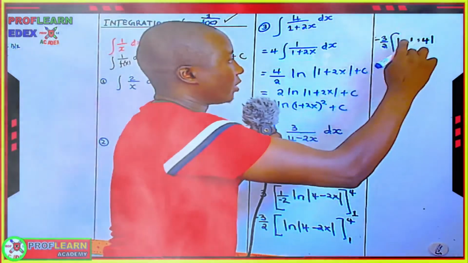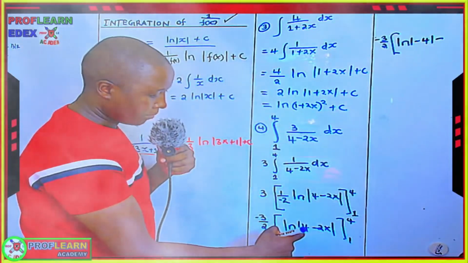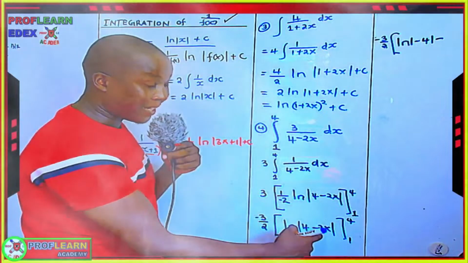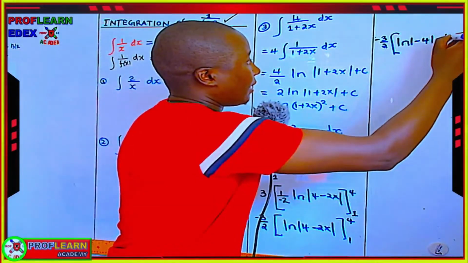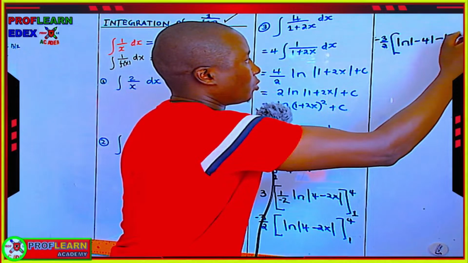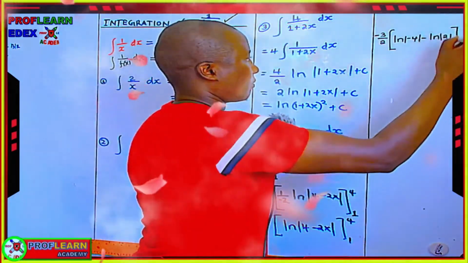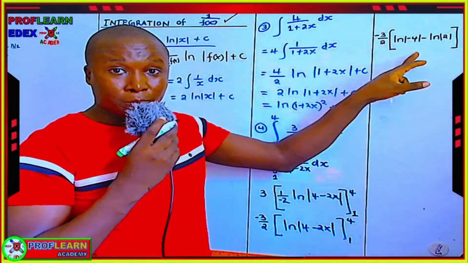Then we're going to say minus. Substituting 1 into this, it will be 4 minus 2 times 1. That will be 4 minus 2, and that is going to translate to 2. So this is going to be ln of 2. So meaning that we have our expression here.